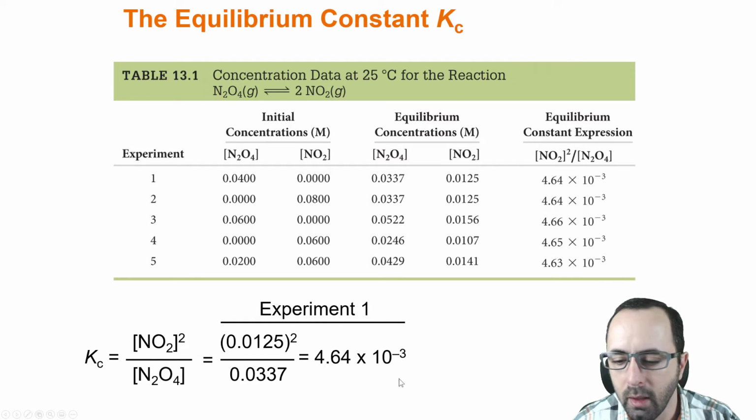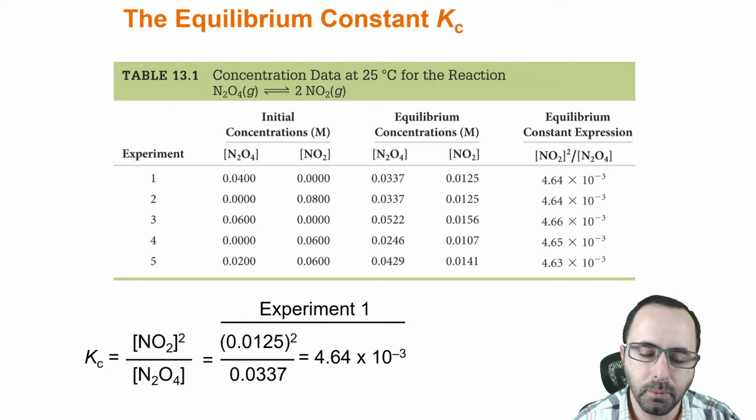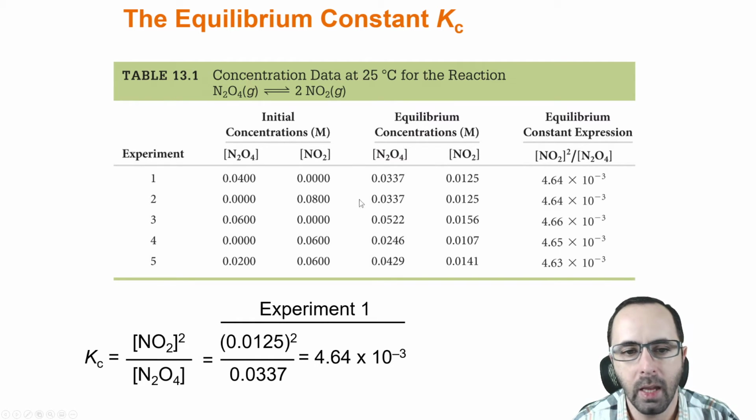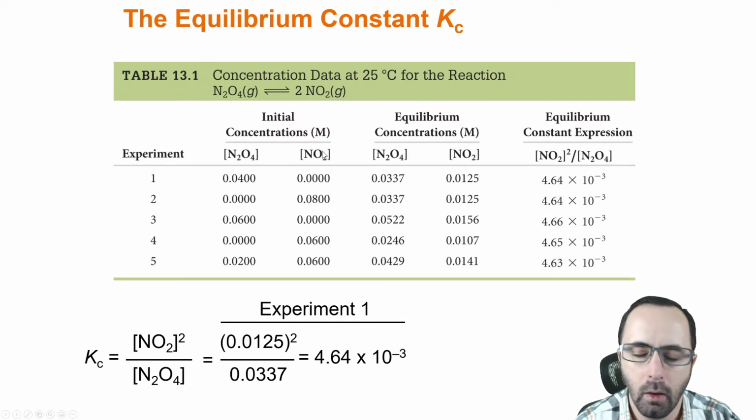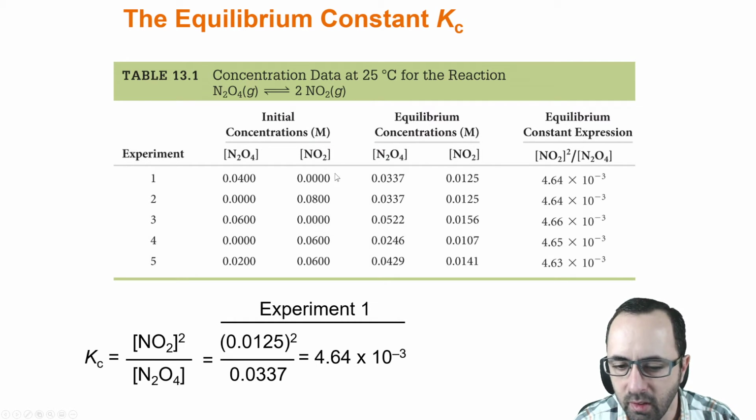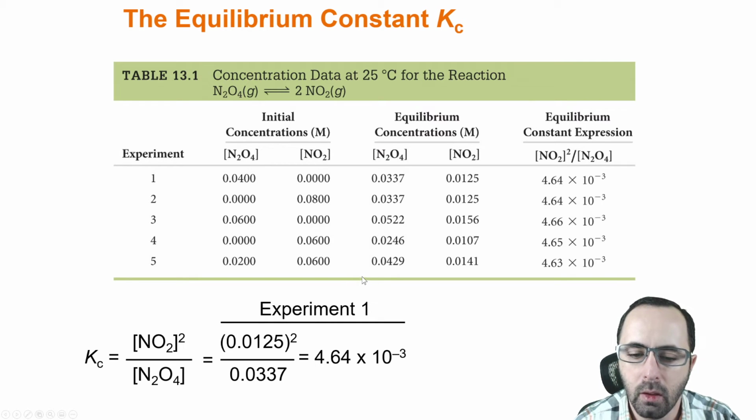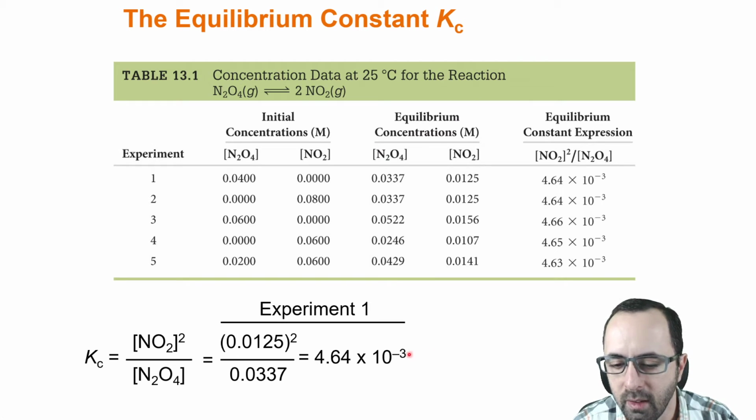And the reason for this is that the units will vary depending on what reaction you're doing, and also what the coefficients are in the balanced equation. Basically, the units are not often stated with an equilibrium constant, because they don't really tell you anything that you didn't already know.